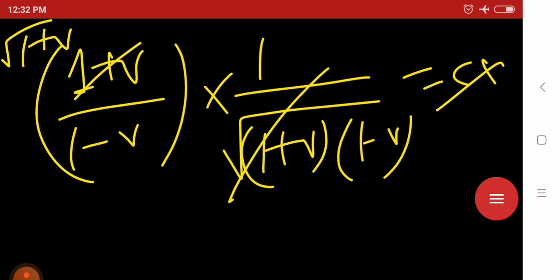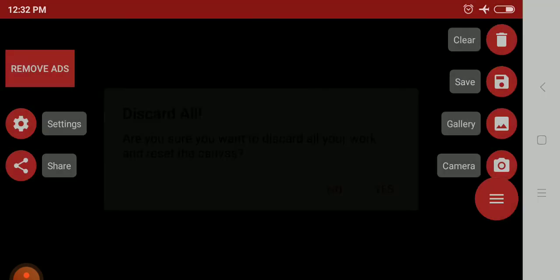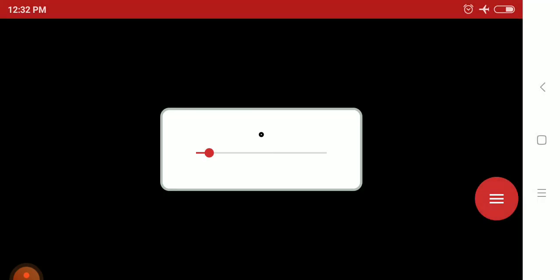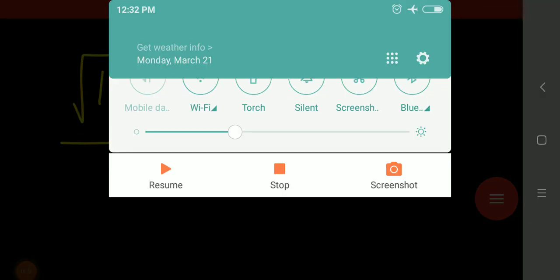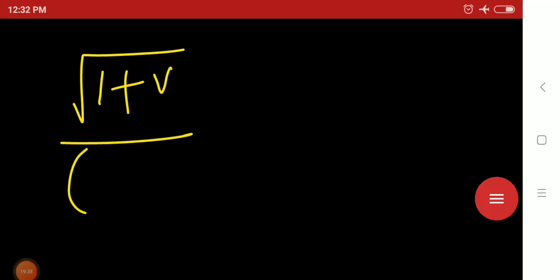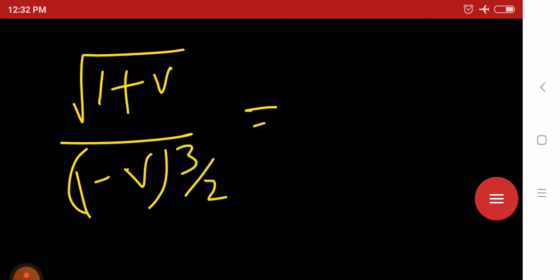So we will get root over 1 plus v divided by 1 minus v whole to the power 3 by 2 equals cx.